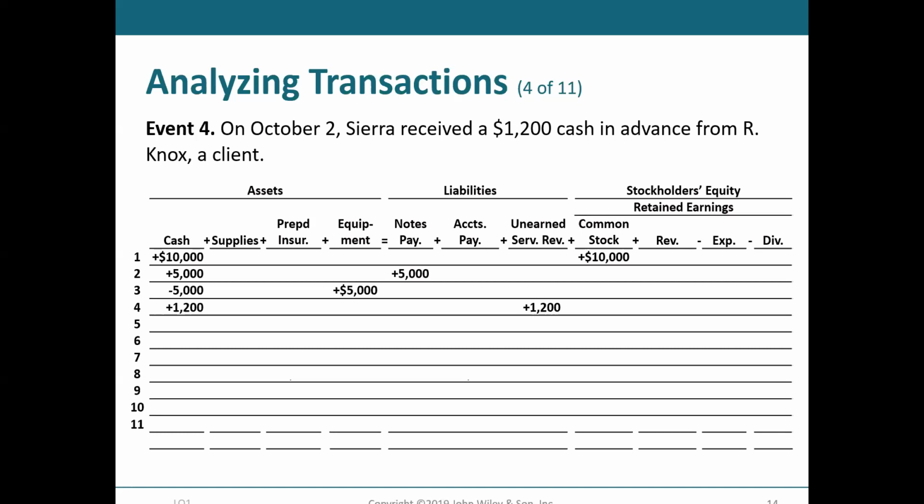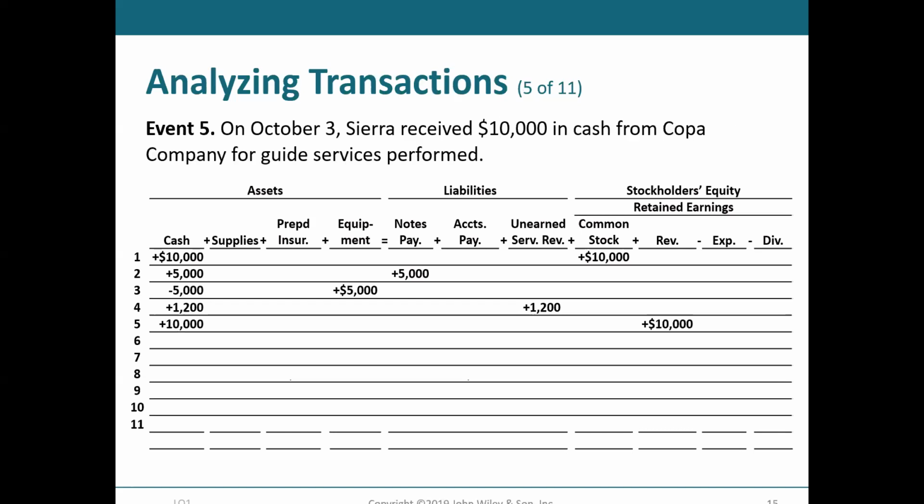So this goes into an account called unearned service revenue, which is oddly enough a liability account. Seems incongruous, huh? We received cash of 1,200, yet we generated a liability of 1,200. The liability is not in cash. The liability will be paid when we do the work for Mr. Knox, our client.